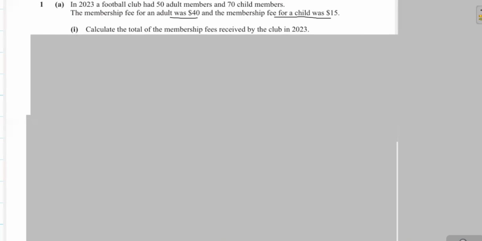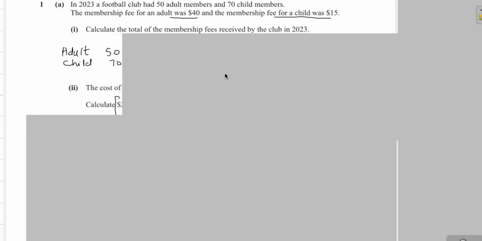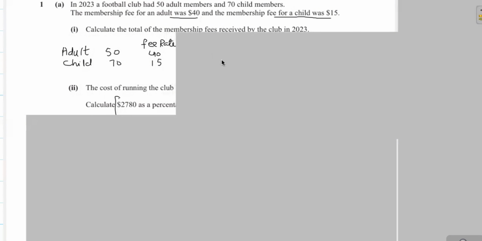Firstly, we will write the number of adults and children. Look here, the number of adults is 50 and the number of children is 70. The fee rate is $40 for adults and $15 for children.